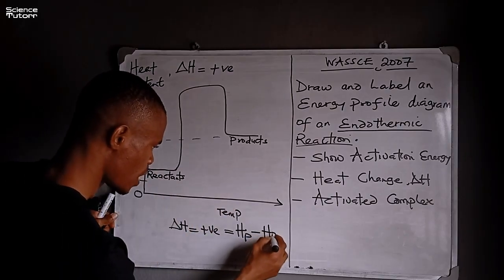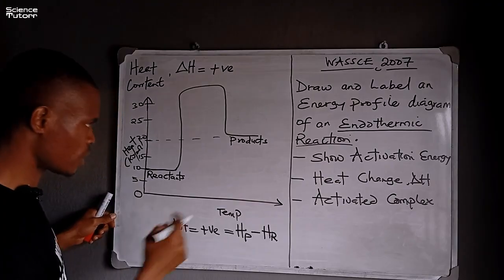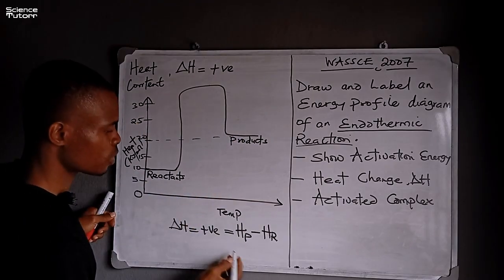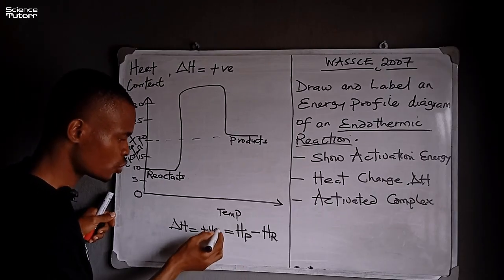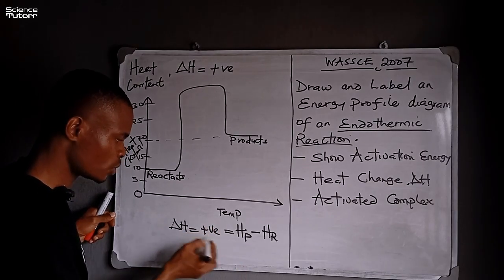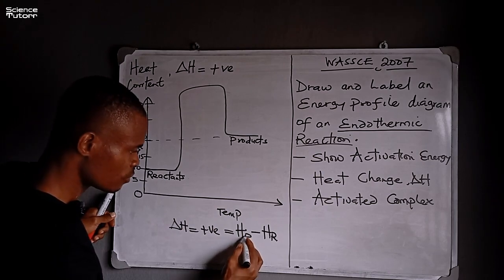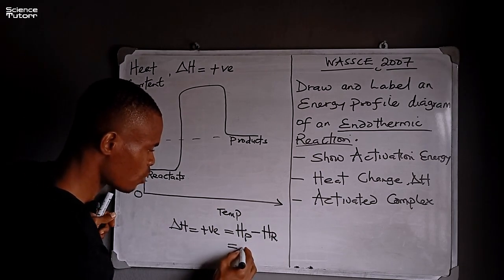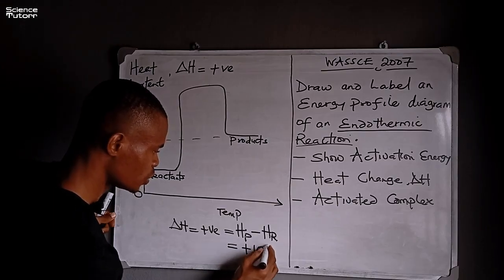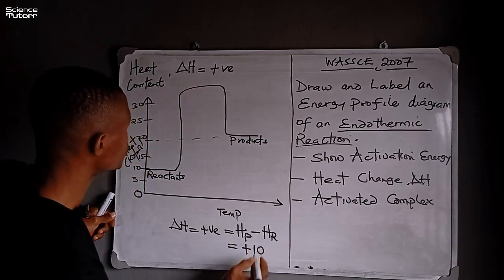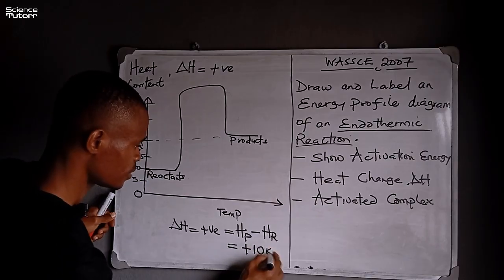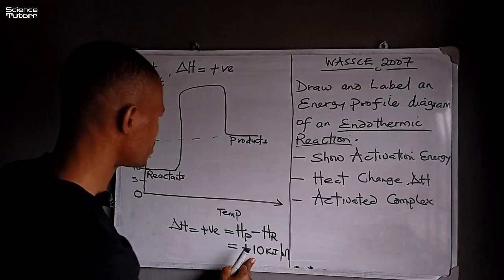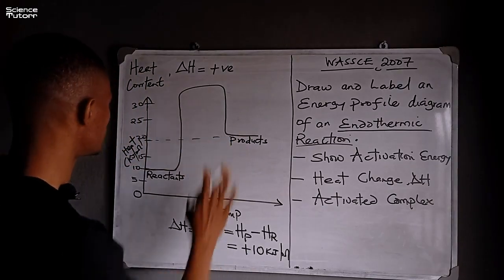So delta H should give us a positive value. That means 20 minus 10 will give us a plus 10. That is the only condition for us to have a positive delta H. So H for product minus H for reactant should give us a positive value, which in this case is a positive 10.